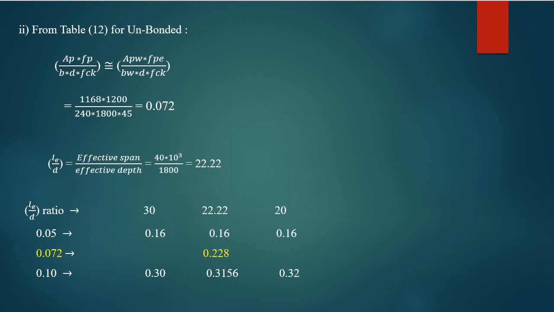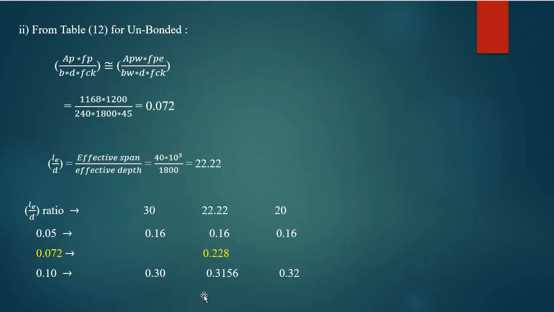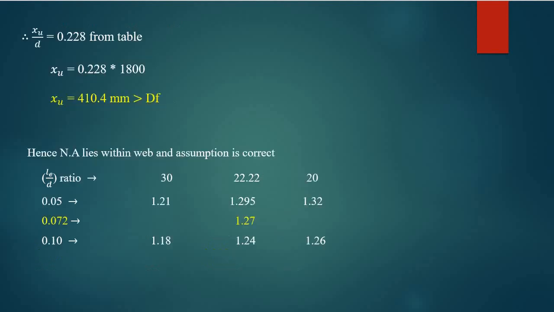The yellow colored one is the value which we should interpolate, and we should get these for 30, 22.2, 20 and all. These are L by D ratios, and this first column is this ratio. Like this we should interpolate. For 0.072, XU by D equal to 0.228 is the value.